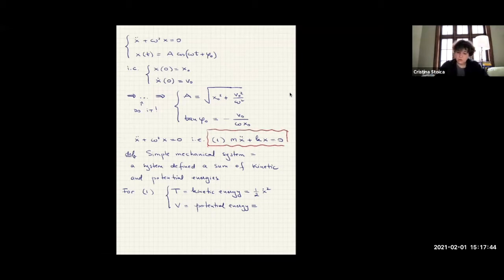Then I can write kinetic energy, as maybe some of you did in school, as 1/2 the mass times velocity squared. And the potential energy is 1/2 k times the displacement squared. Then we define the total energy, E total, to be the sum of the two.